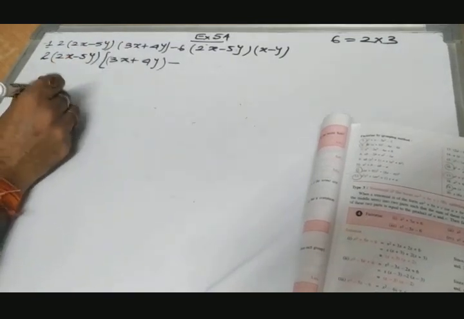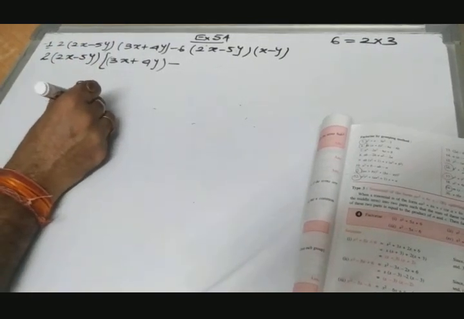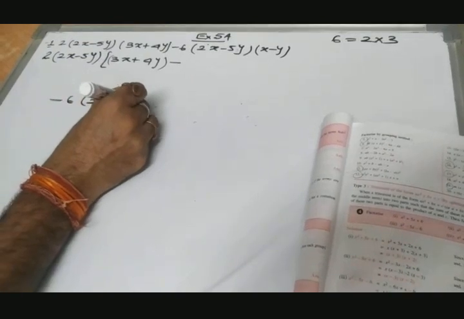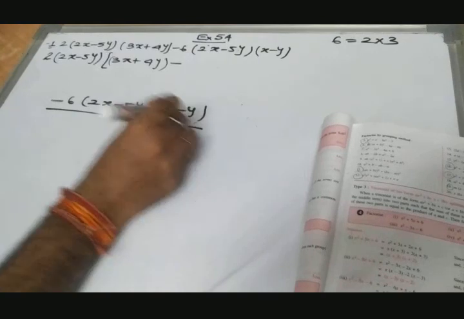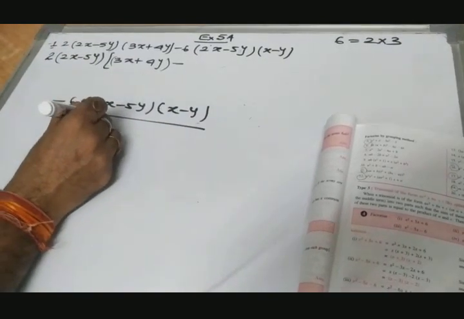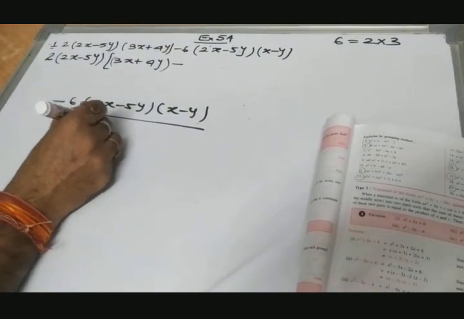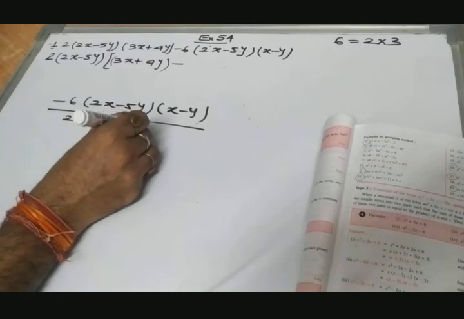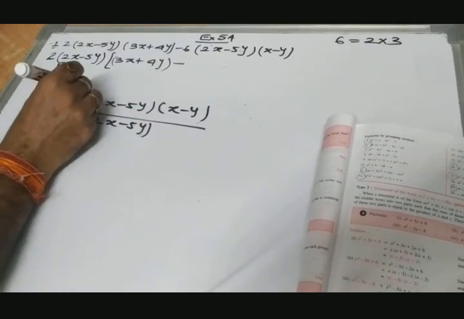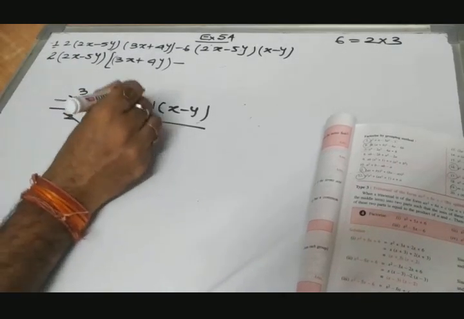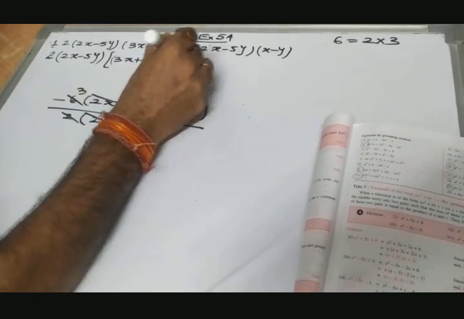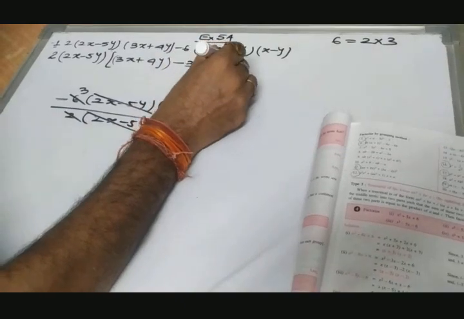We write the second term: 6, 2x minus 5y and x minus y. If we divide this term by the common factor 2 and 2x minus 5y, 6 divided by 2 converts into 3, and 2x minus 5y cancels. The answer will become 3 into x minus y.